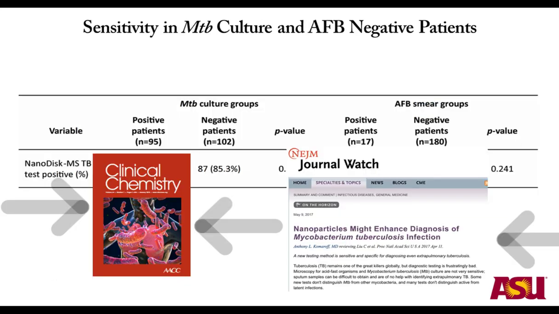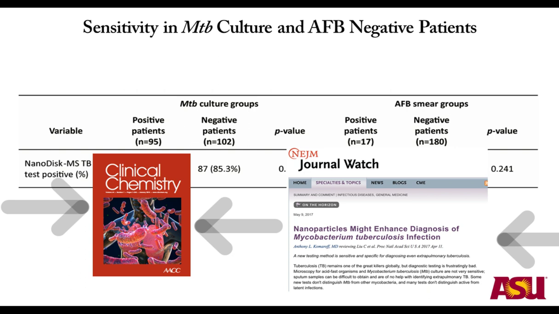Next, which is a very interesting point for developing country doctors, we compared the sensitivity of this assay in culture positive and culture negative patients. In the culture positive patients, we reached 92%, and in the culture negative patients, we reached 85%.